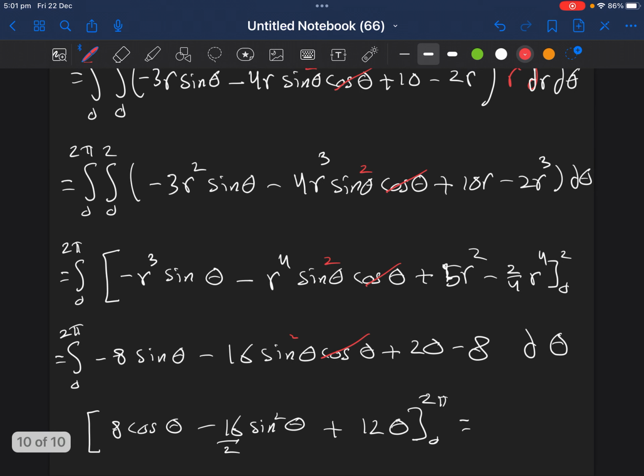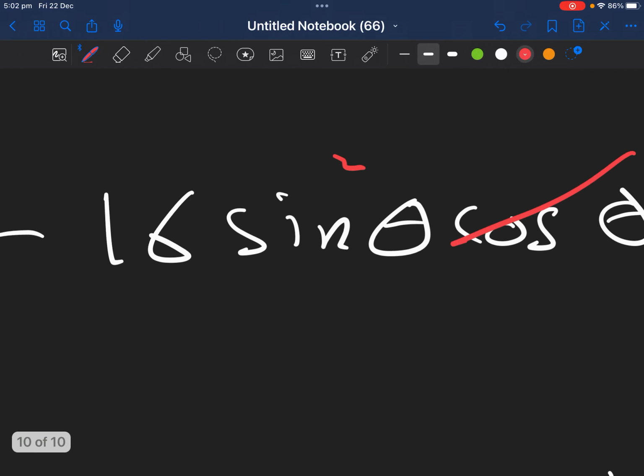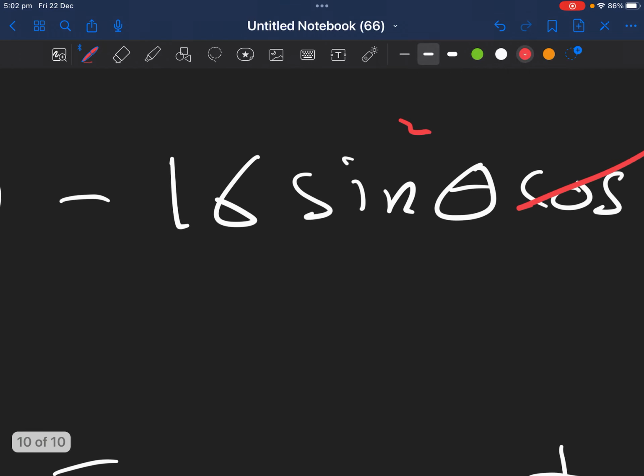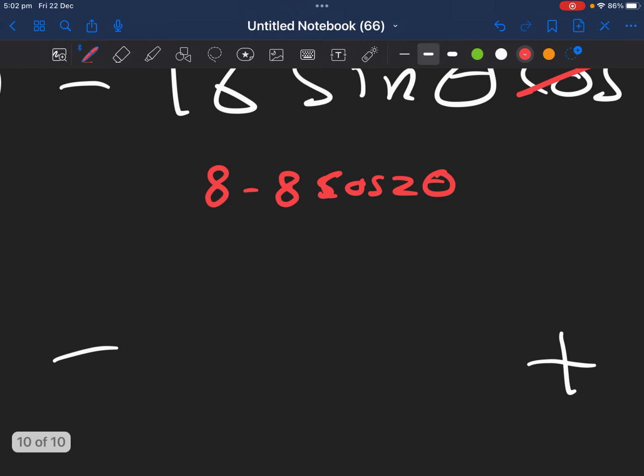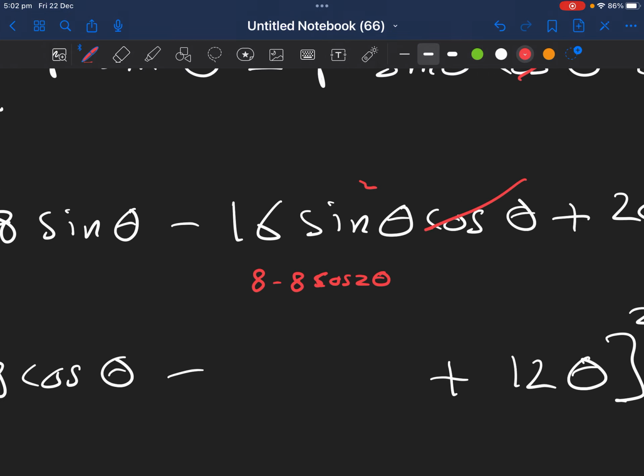squared. And now the integral would be a little bit different here, because we have to change this one into 8 minus 8 cosine 2 theta. So that's how it would look like.